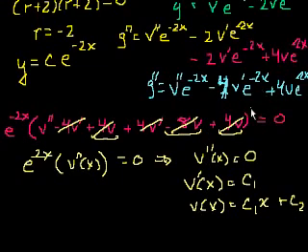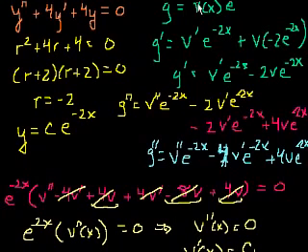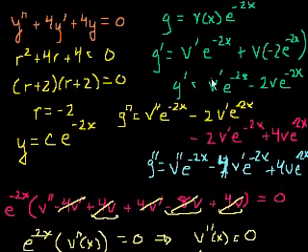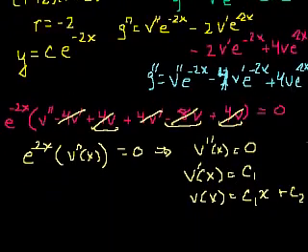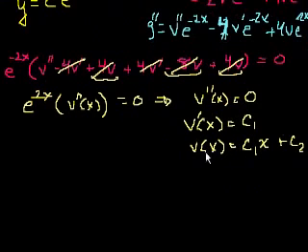Now, remember, what was our guess? Our guess was that our general solution was going to be some arbitrary function v times that first solution we found, e to the minus 2x. And when we took that guess and substituted it in, we were able to solve for that v. So what is g, our guess function, equal to? It's no longer a guess. We've established that it works.